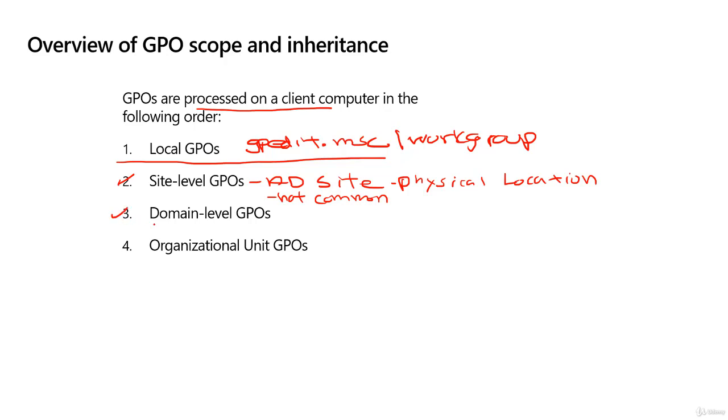The third level is the domain. So we can have GPOs linked directly to the domain. Now, the characteristic of that, this will apply to all users and computers in your domain.